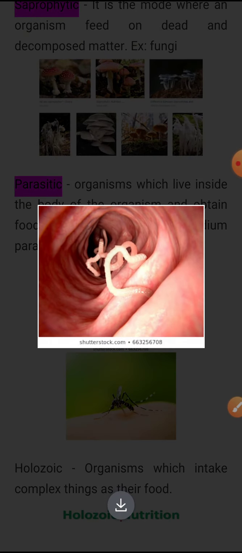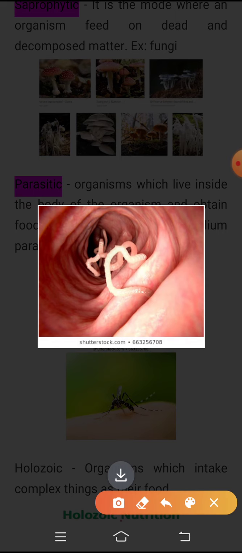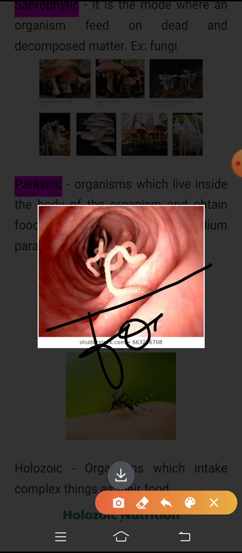Take examples, the worms which are present inside our body or intestine, they get the food which we eat. For example, we take complex food into our body. The complex food is digested into simpler forms through various processes. It has been simplified.